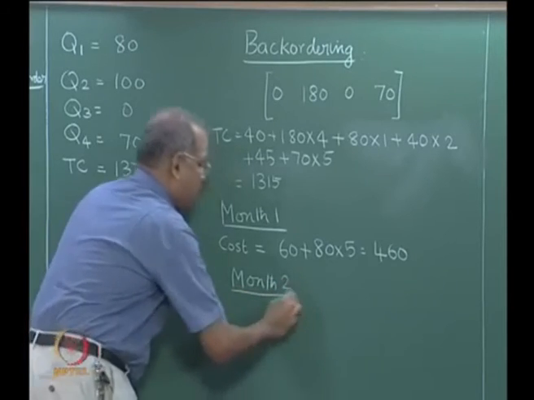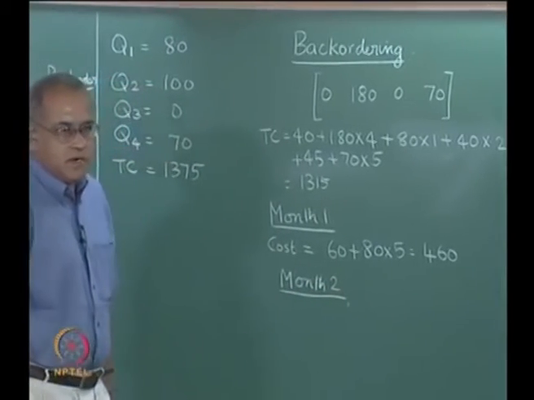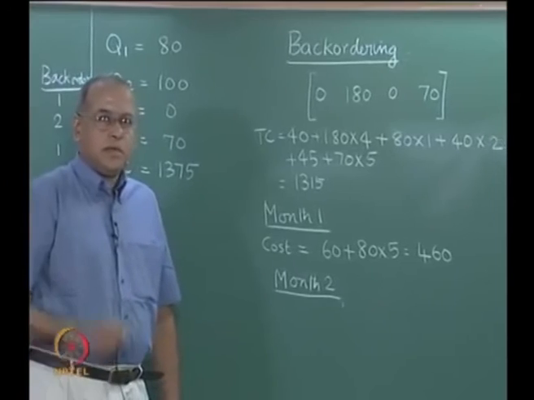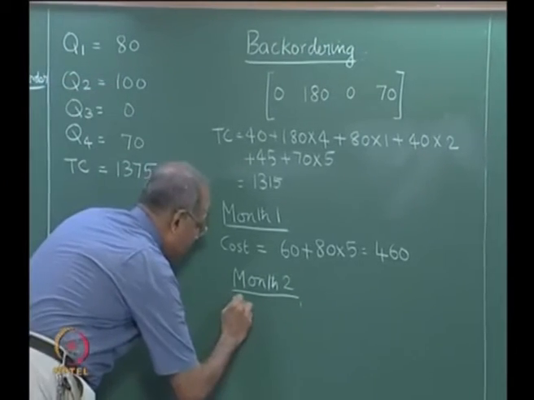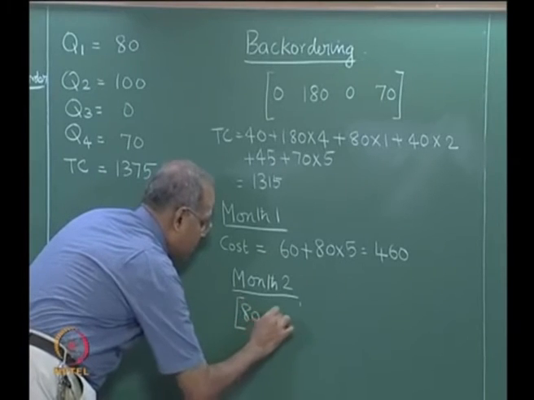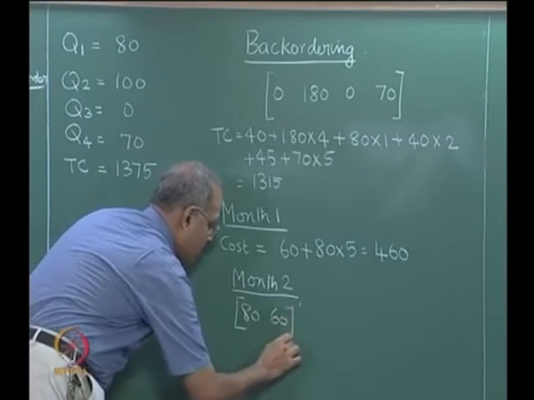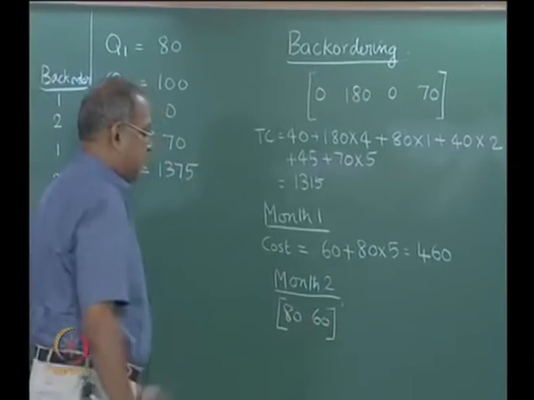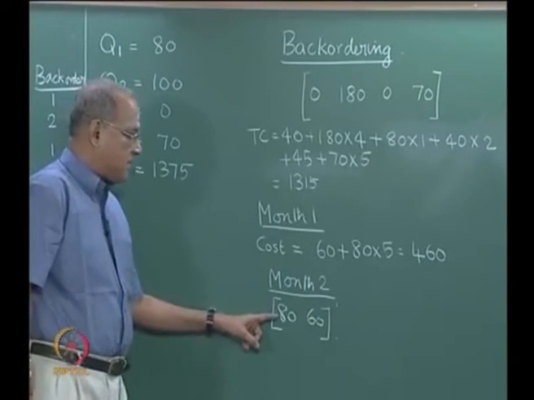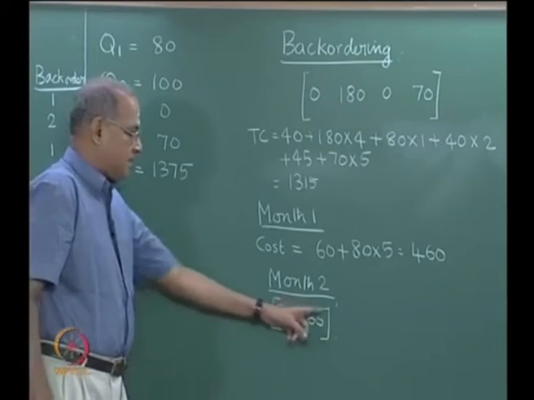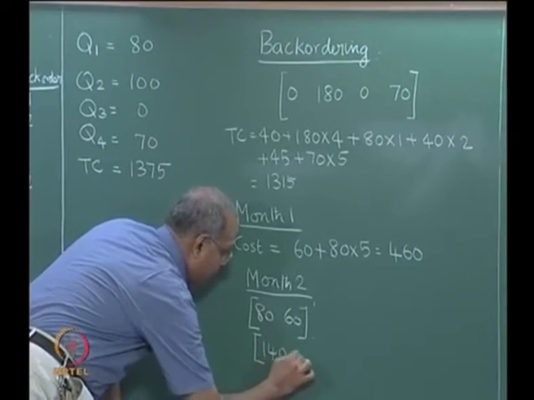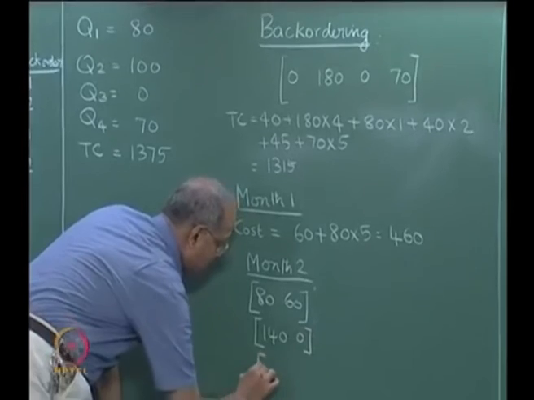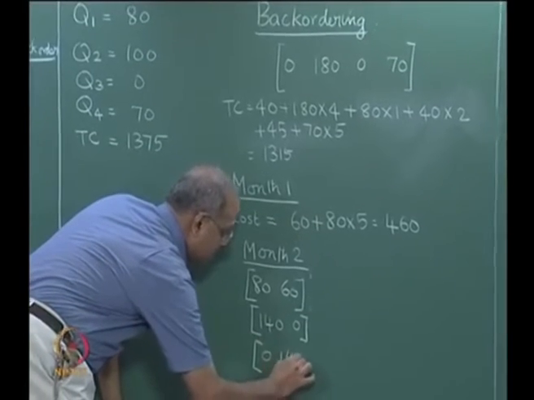Now, we can meet the demands of month 2 in multiple ways. So, we could do 80/60, which means we produce 80 in the first month and 60 in the second. We could do 140/0 and we could also do 0/140.